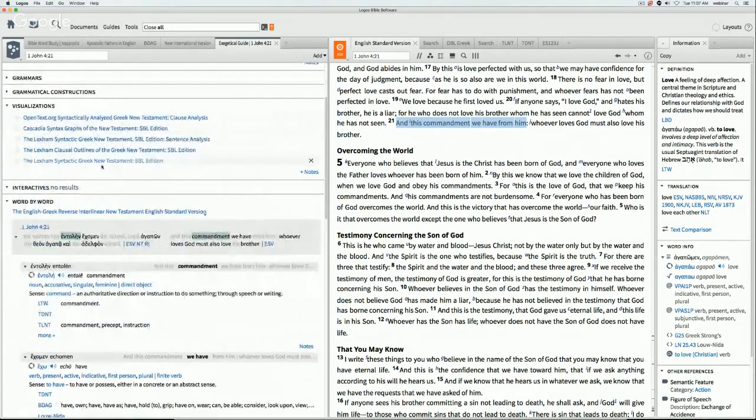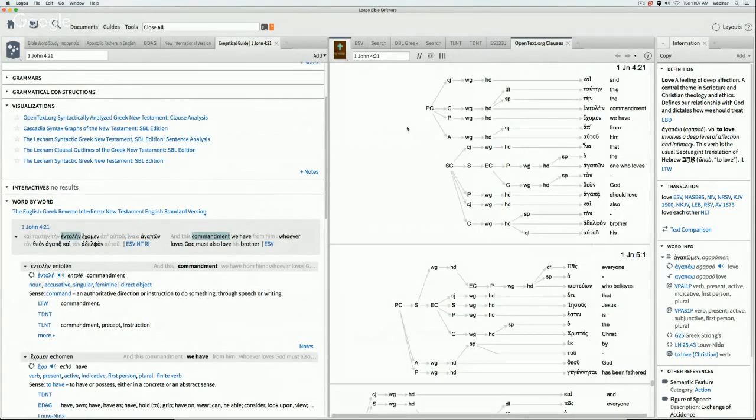These visualizations have to do with the syntax, or here you can see a sentence diagram of how the grammatical construction of this verse exists. So the exegetical guide is a tool that pulls from all of these different resources.